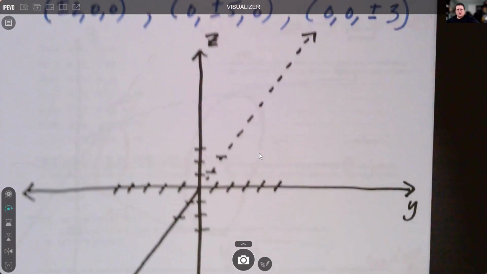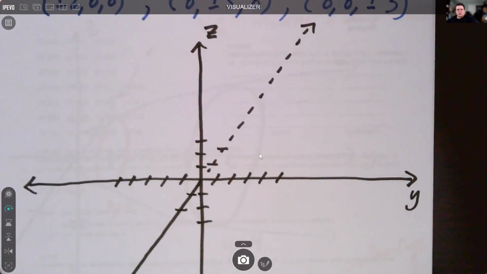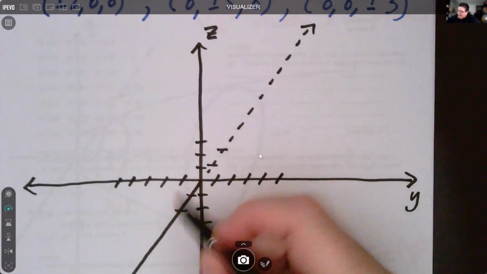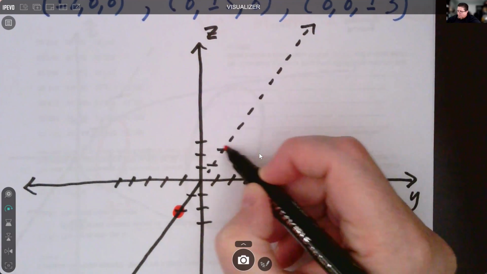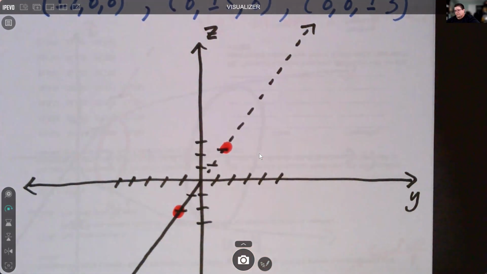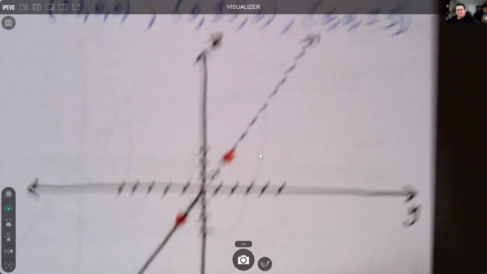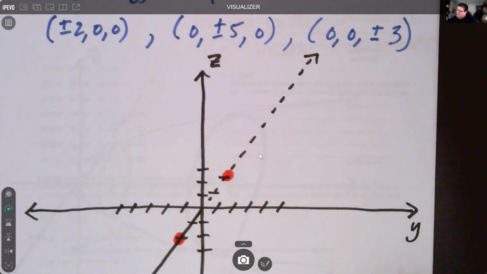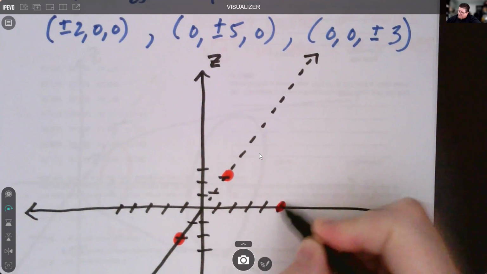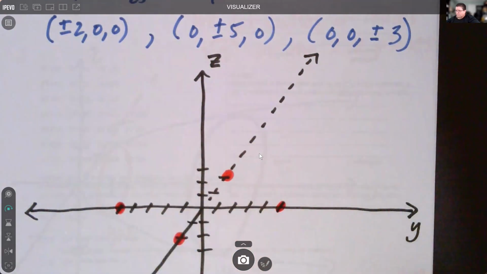I've gone ahead and drawn a three-dimensional graph here. Now it's just time to fill it in. So let's do the plus or minus 2 along the x-axis. That gets us a point there and a point there. If we do the plus or minus 5 when x and z are 0, that's left and right 5 along the y-axis.